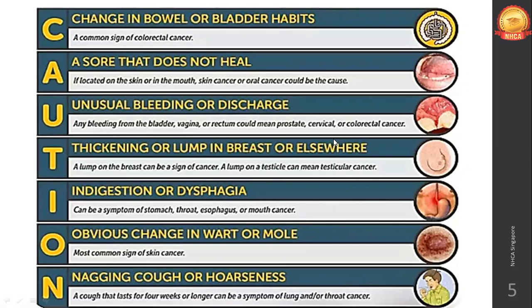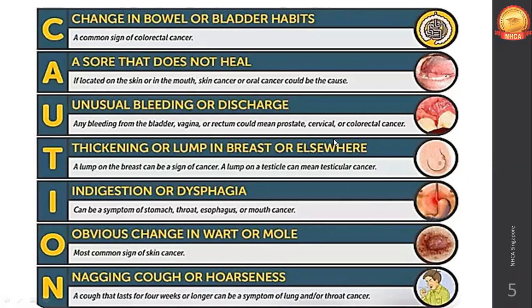Your menstruation days have gone, and within a week after menstruation you are getting bleeding again and again, with pain usually, or sometimes it may be painless bleeding. That may be an indicator of cervical cancer. And bleeding through your urine, blood in the urine, for men.